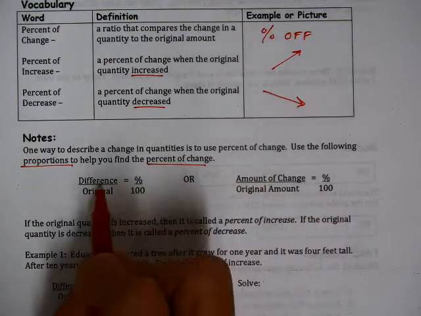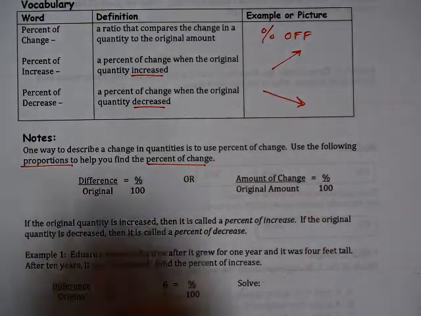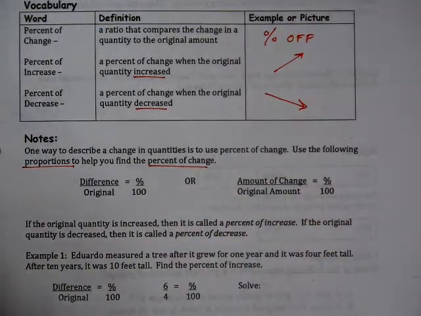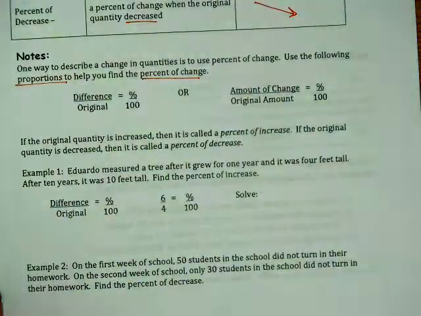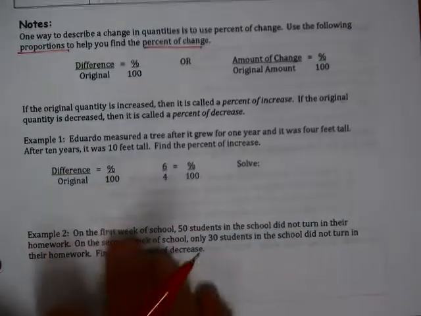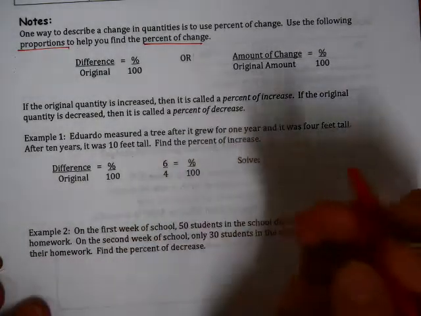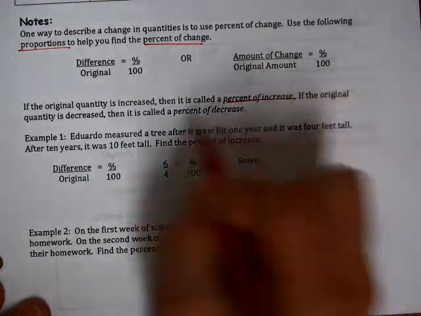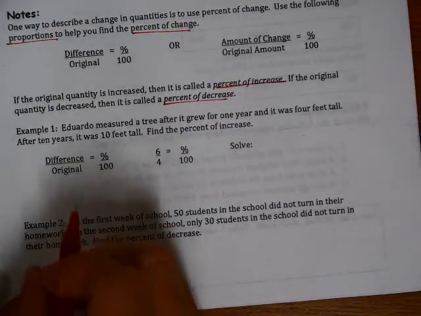The amount it changed is the same thing as the difference. It'll make more sense the more we do these, what we're actually doing to solve these. This is pretty basic again. If it goes up, it's an increase. If it goes down, it's a decrease. Pretty simple.